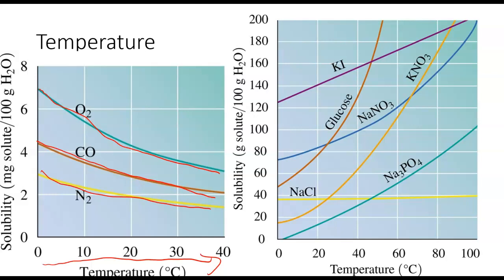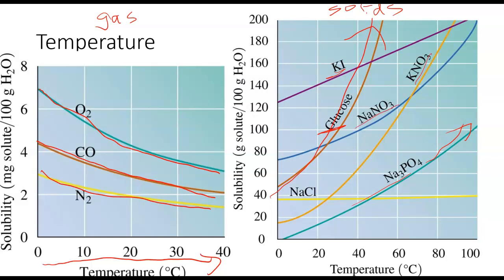The solubility of solids, on the other hand, increases as the temperature increases. So you can dissolve more of a solid as you heat up the solution. This is common whether it's glucose, so sugar, or various salts, such as potassium iodide and potassium nitrate.